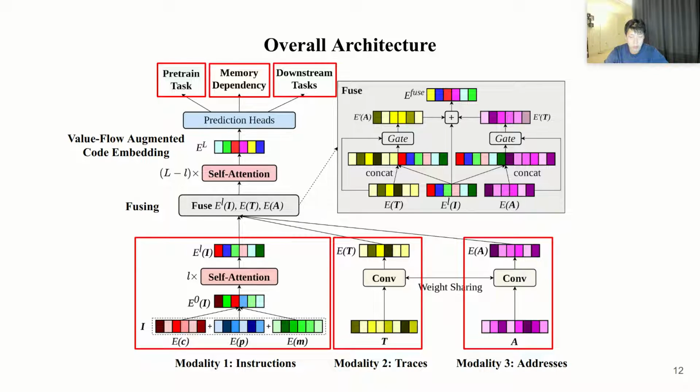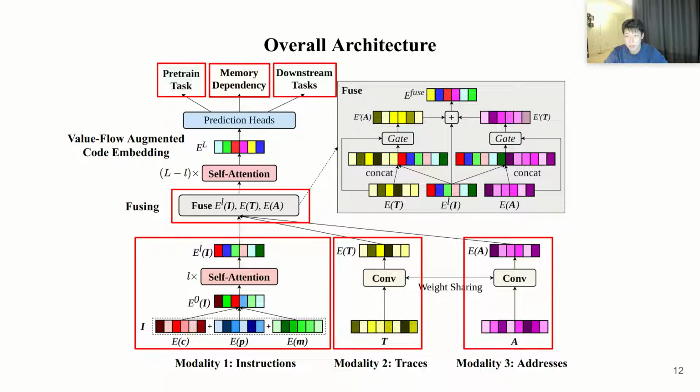We employ a shared weight 1D convolution network with highway connections to learn the numerical value representations of both trace and address. We then feed the trace and address value representation to the instruction encoding to augment the code representation with the value flow information.